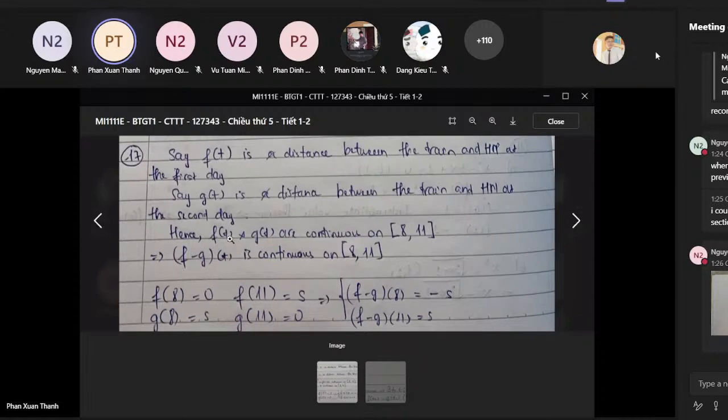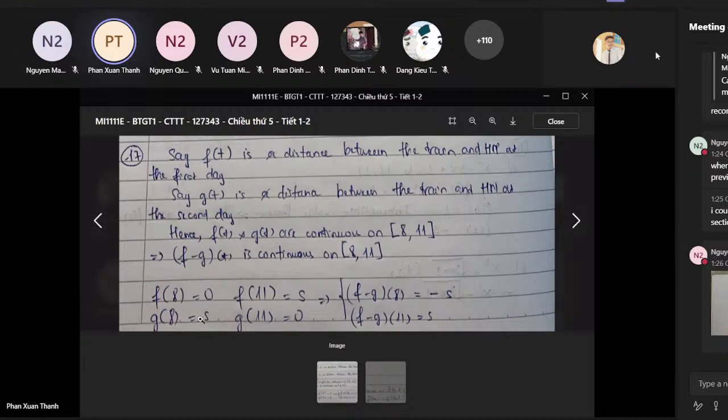So f and g are continuous on the interval. f depends on the time t, and f minus g of t is continuous. Let x be the distance between Hanoi and Haiphong. I forgot to denote it. Sorry.